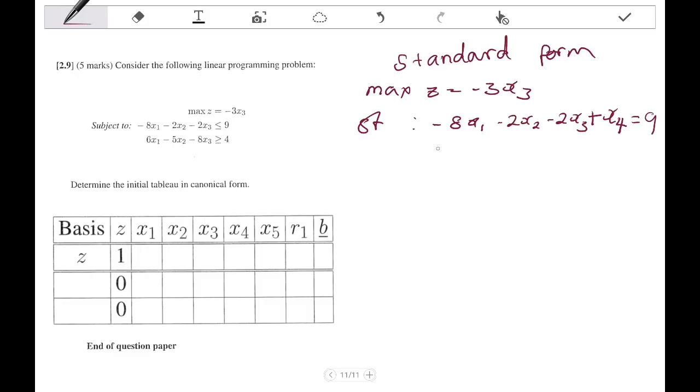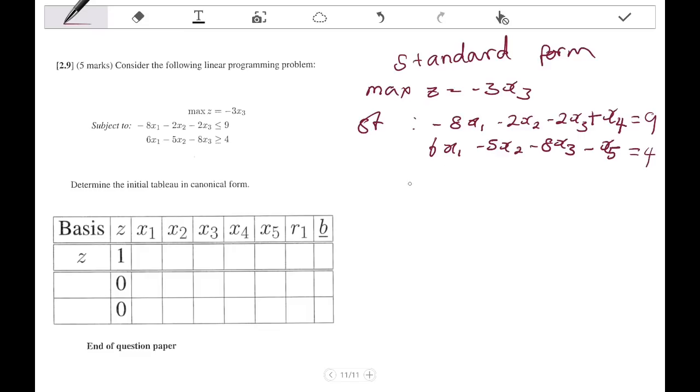Then the next thing to do, take the second constraint, 6x1 minus 5x2 minus 8x3, and then subtract x5, which is a surplus variable, because this says greater than. So if it's greater than, I have to subtract something, equal to 4.